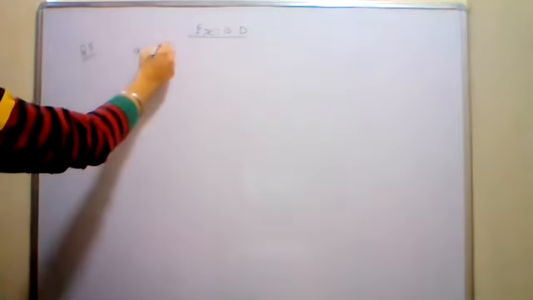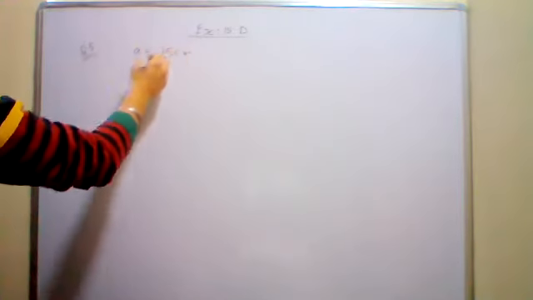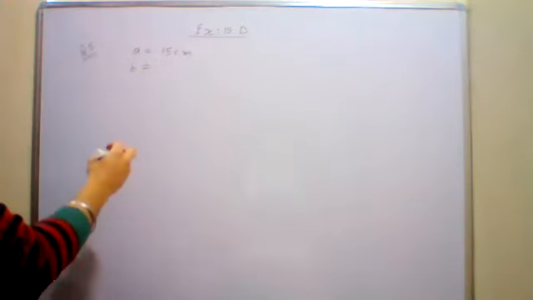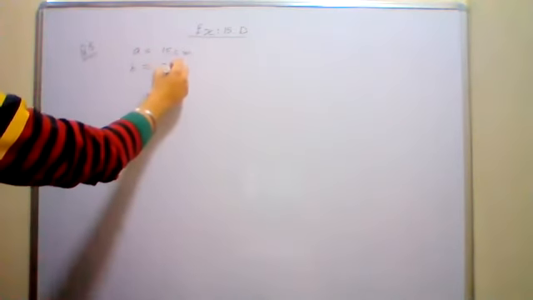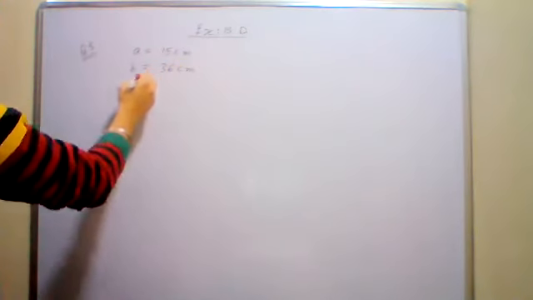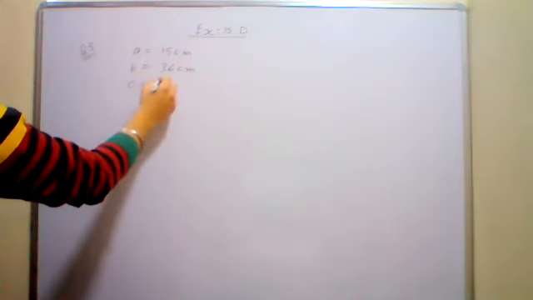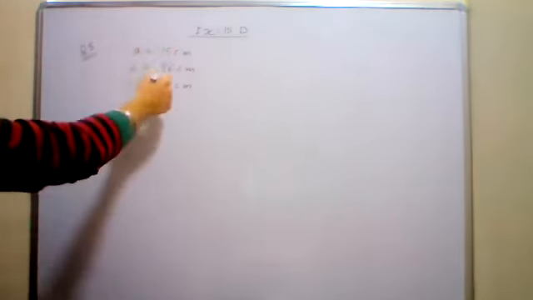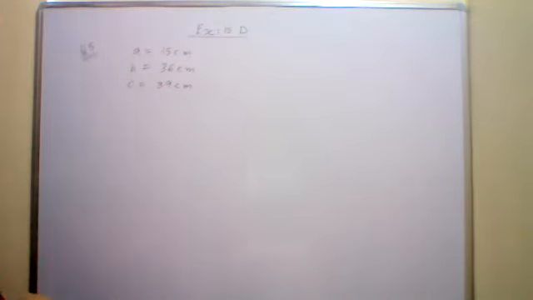Let the first side A be 15 centimeters, the second side B be 36 centimeters, and the third side C be 39 centimeters. You have to find whether it is a right triangle or not.